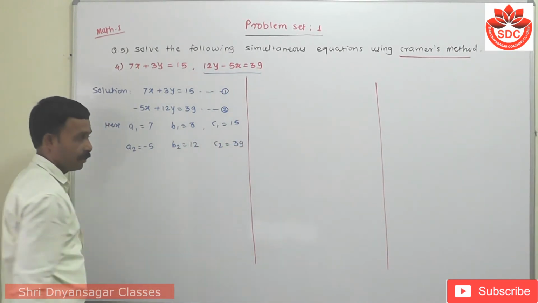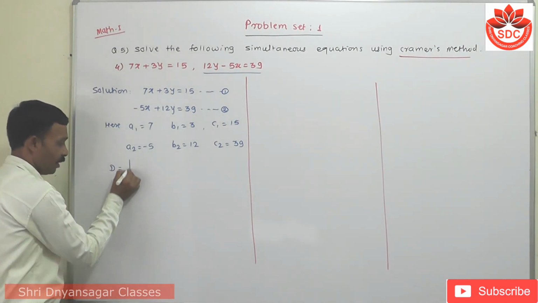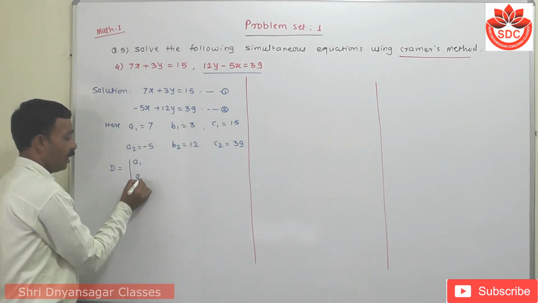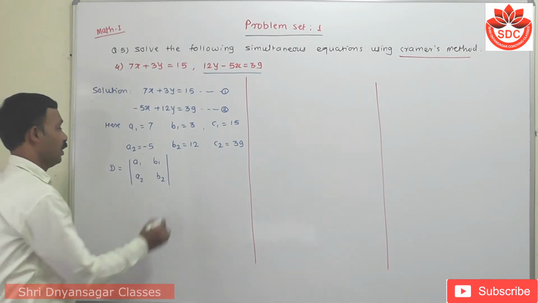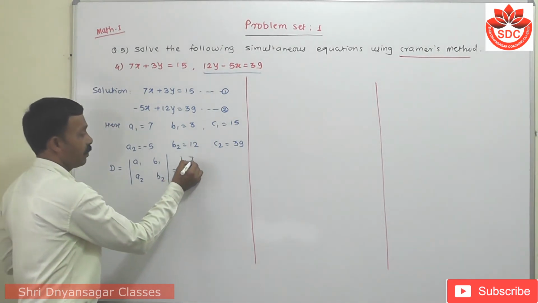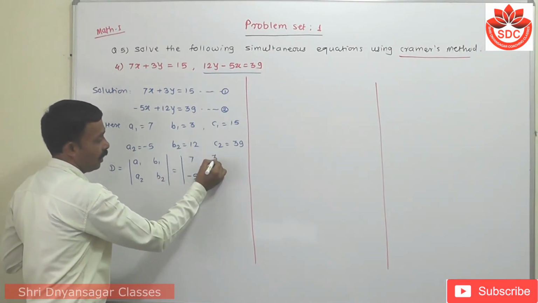Now then we find out the value of determinant d is equals to, the formula is a1 a2, b1 b2. Now student, the value of a1 a2 is 7 and minus 5, b1 b2 is 3 and 12.